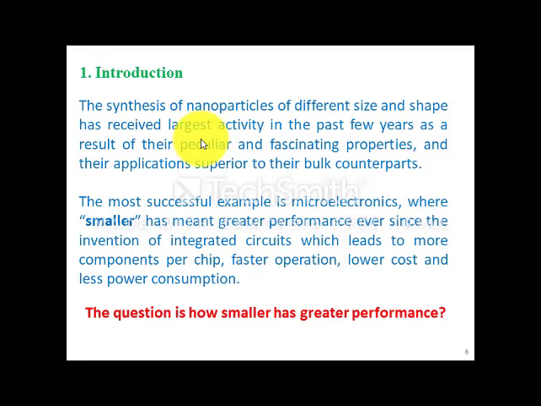The most successful example is microelectronics, where smaller has meant greater performance ever since the invention of integrated circuits, which leads to more components per chip, faster operation, low cost, and less power consumption. This is the best example of nanomaterials where the nanoparticles show highest activity.